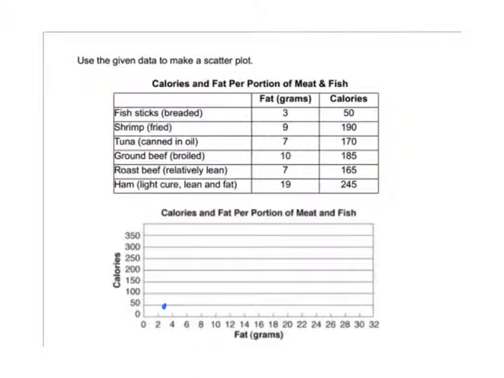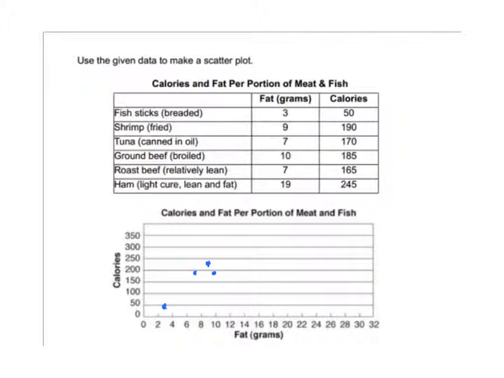So I would just put a dot there at 350. At 9 grams of fat, it has about 990 calories. So I'm graphing that same one. 7 grams of fat has 170 calories. And 10 grams is 185, which I think is about there.